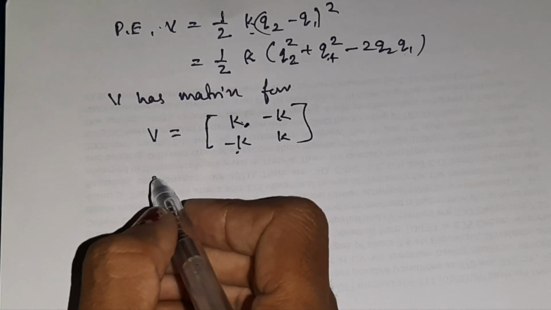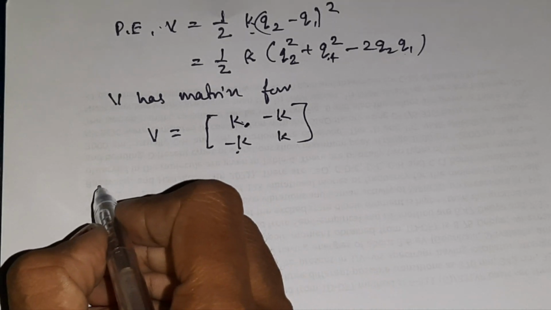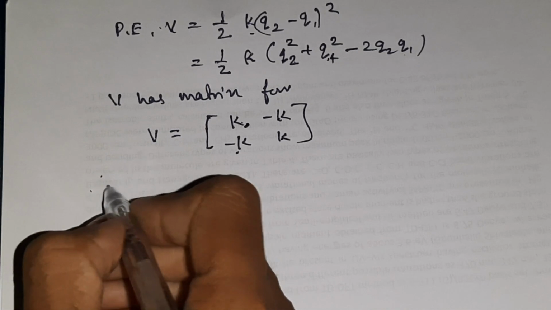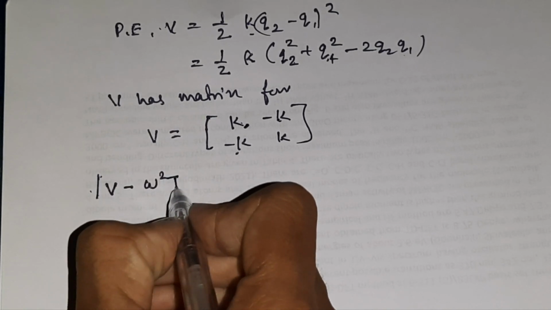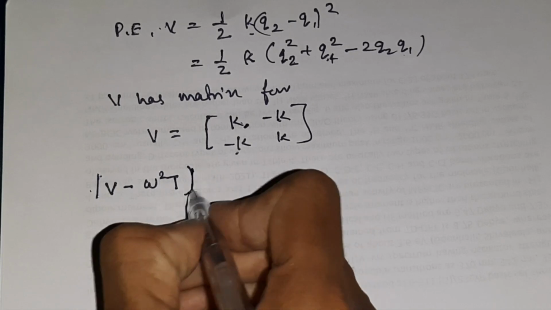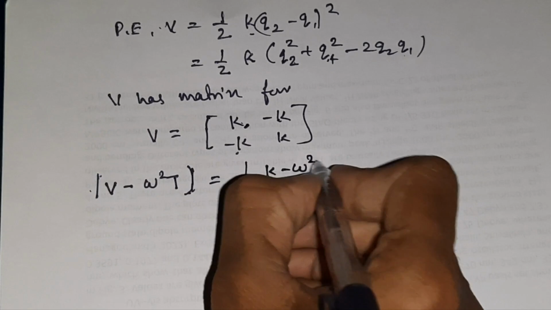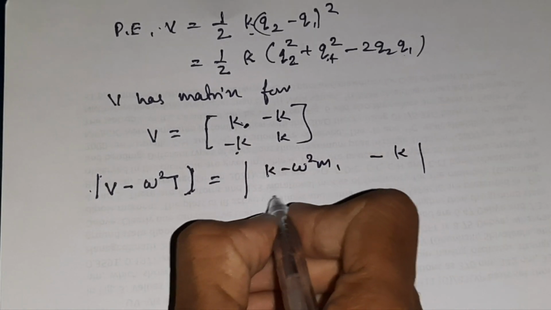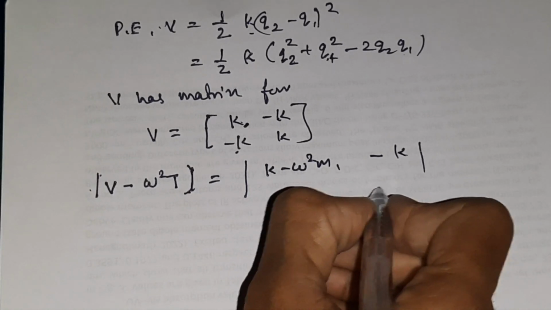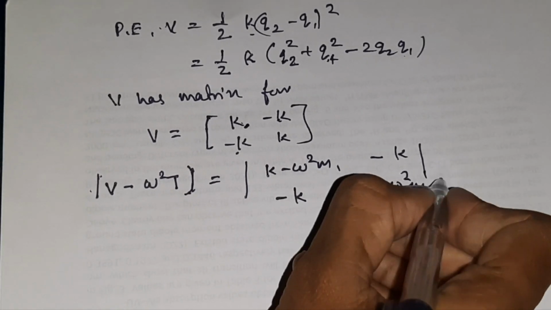Combining these two matrices, V and T, we get V minus omega square T equal to the matrix with K minus omega square m1, minus K, minus K, K minus omega square m2.